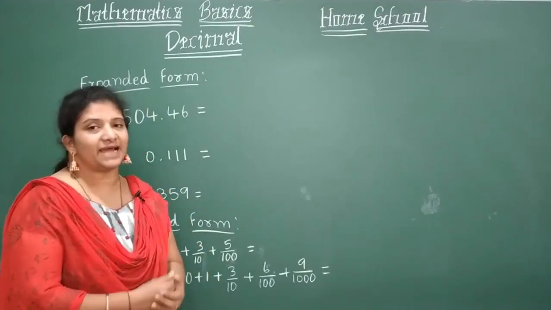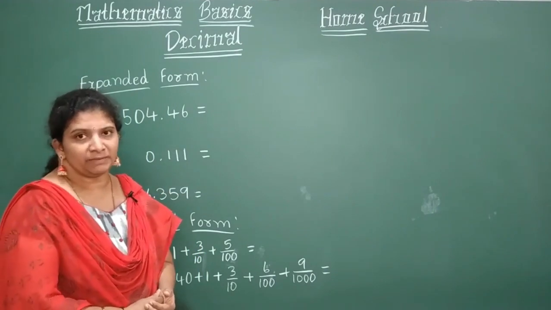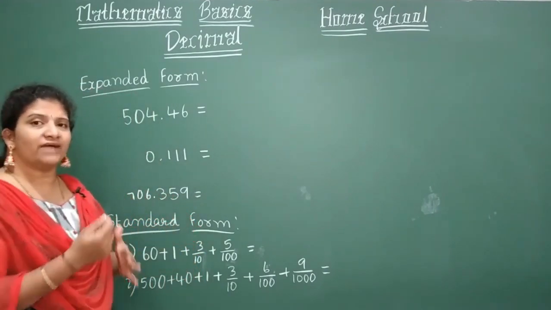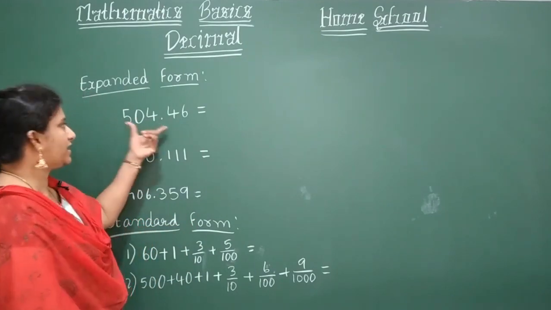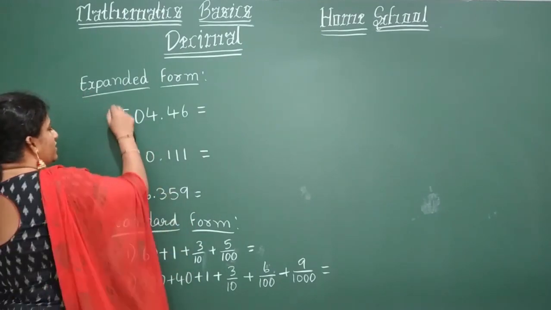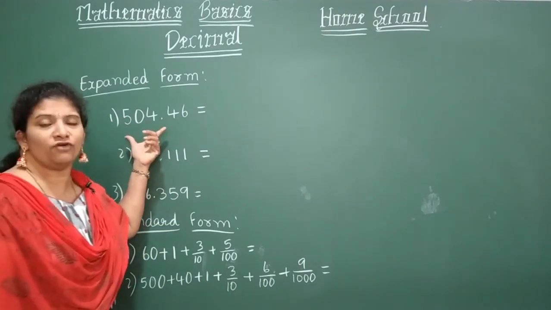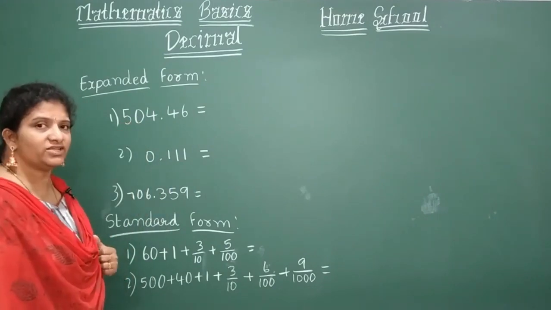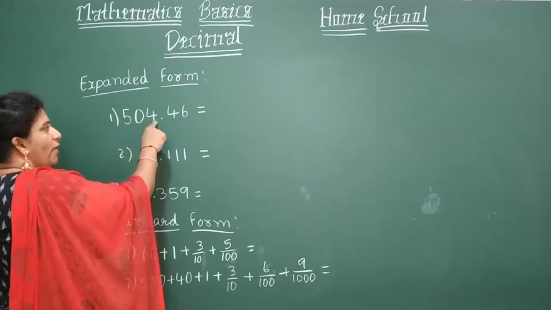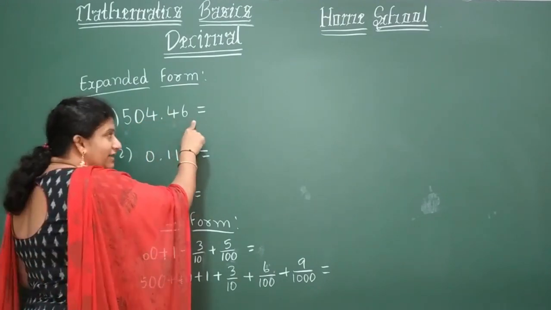Let's see here standard form and expanded form of a decimal. So look here, children. What we have seen now is the standard form of a decimal number. So let's take 3 examples of standard form of a decimal number. Read this number here, children. How to read? You know now? Ones, tens, hundreds place. 10th, 100th.